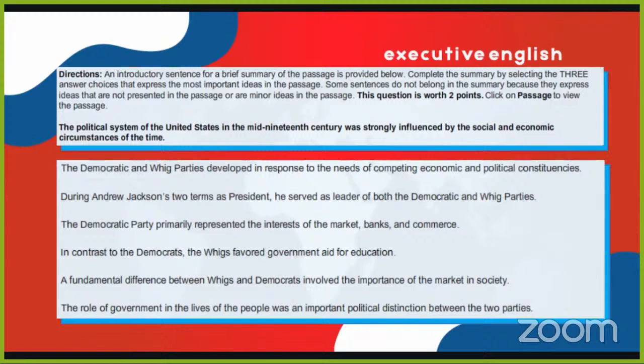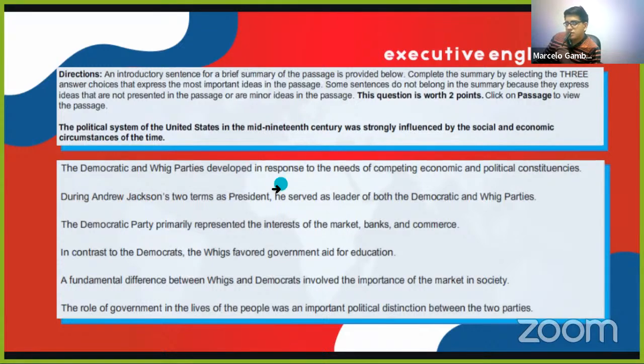Yes, it's true. Thank you, Noelia. And it's true because, as we've read, remember, the Whigs were formed and they represented a different type of economic constituency than the Democrats, right?